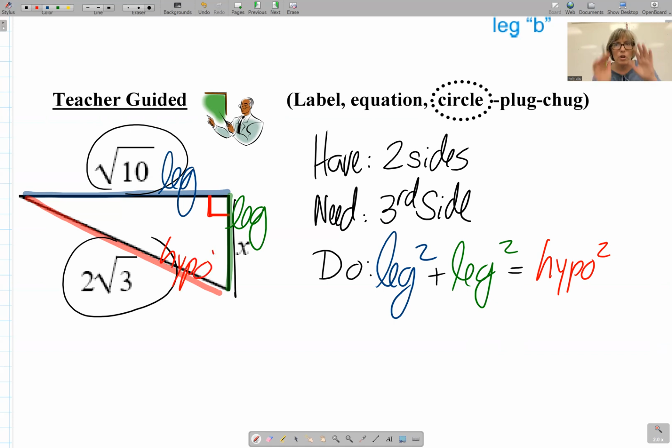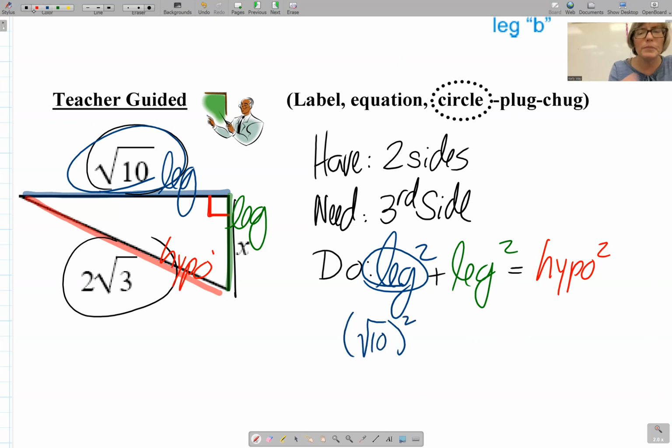Now, you write the equation, you label, and then you circle, plug, chug. Please do not drop these steps. Do not get lazy. Leg, leg, we're going to plug it right in. And don't forget your square. Plus, circle the word leg, circle leg.